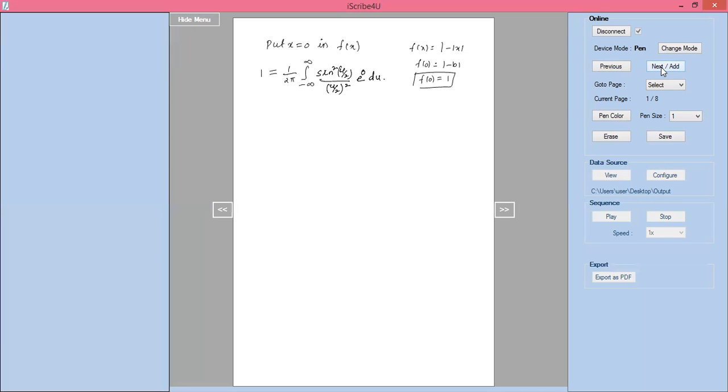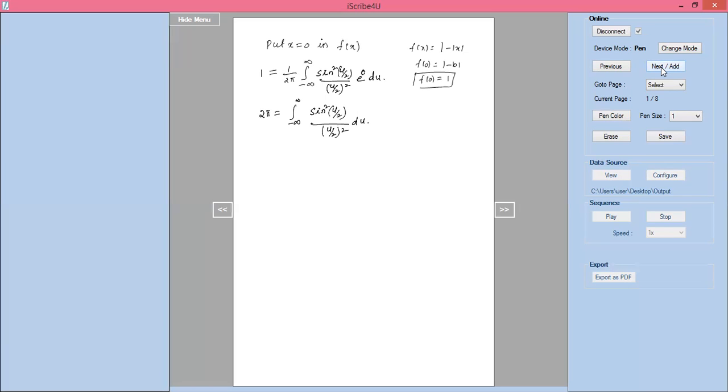Now if I send this 2 pi to the other side, 2 pi equals the integration from minus infinity to plus infinity of sine square u by 2 divided by u by 2 whole square into du.